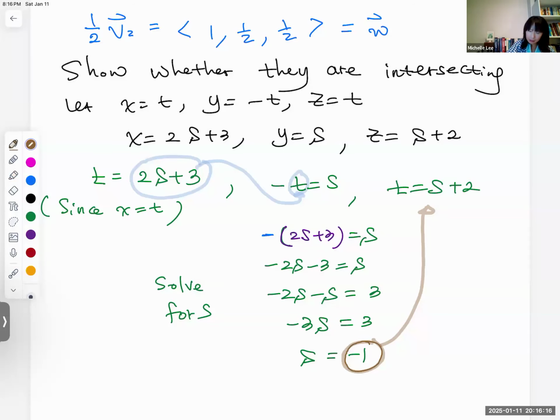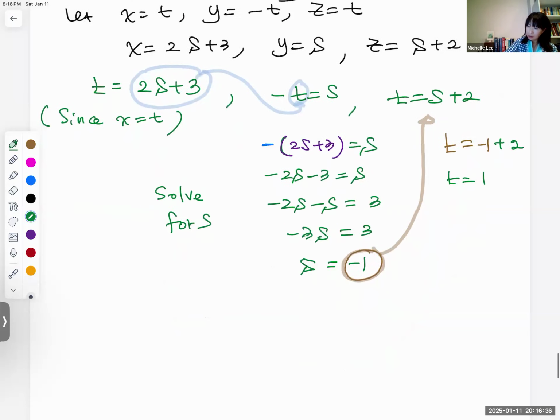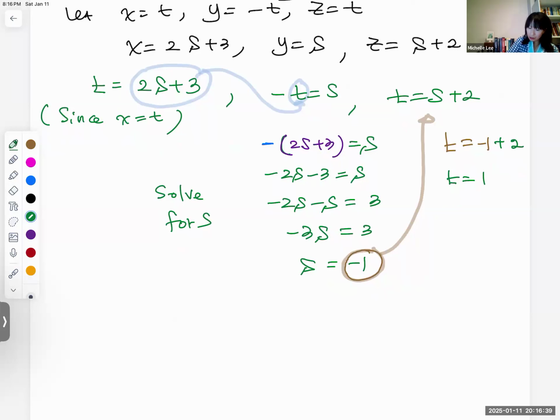Then we will get t equal to negative 1 plus 2. Then we have t equal to 1, right? So we found s equal to negative 1 and t equal to 1. So let's substitute.